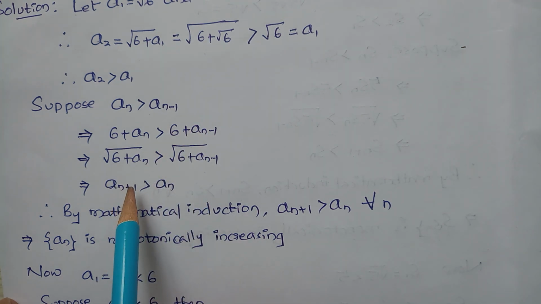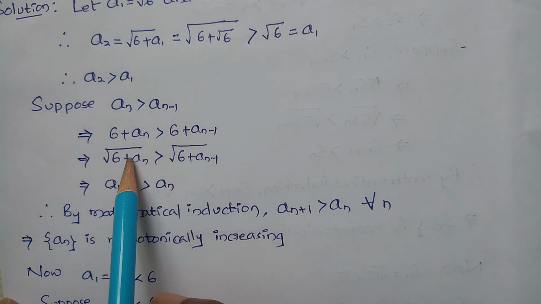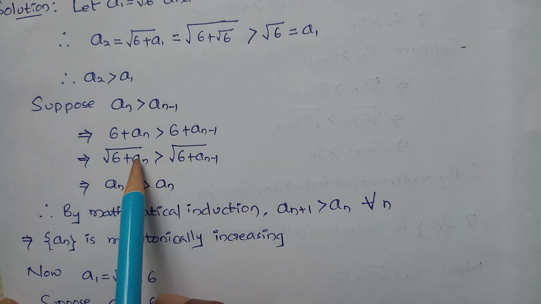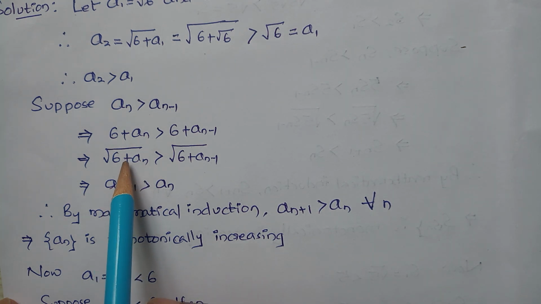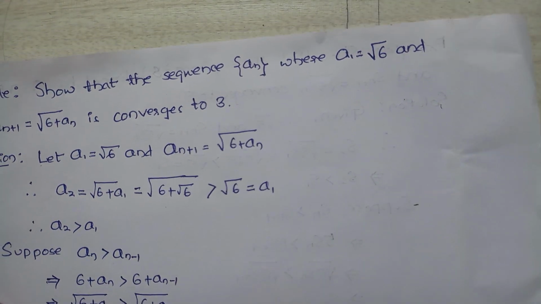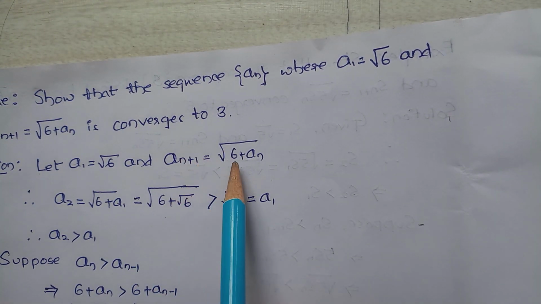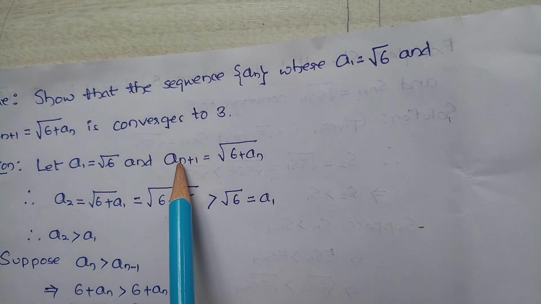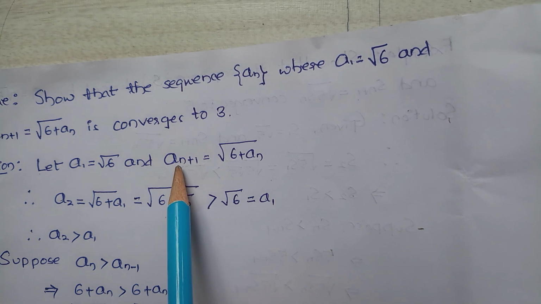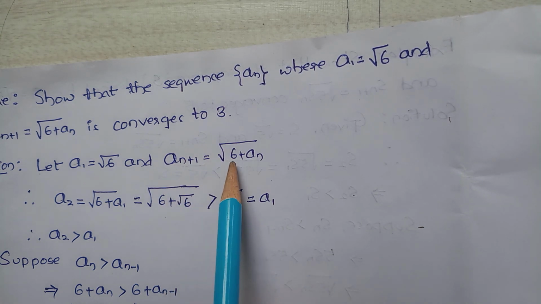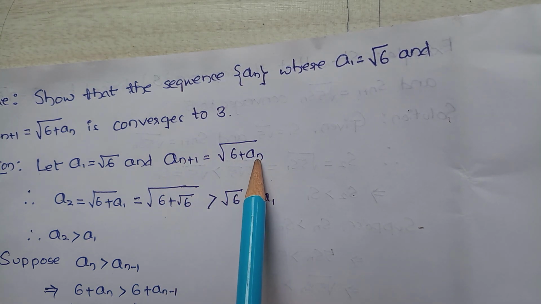In that already known result, if I take n equal to n minus 1, then a(n+1) reduces to an equal to root of 6 plus a(n-1).